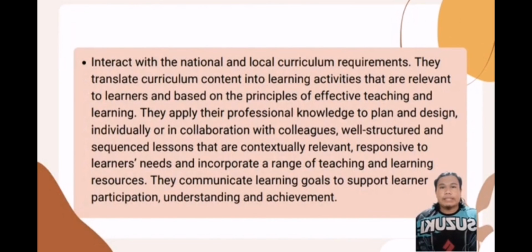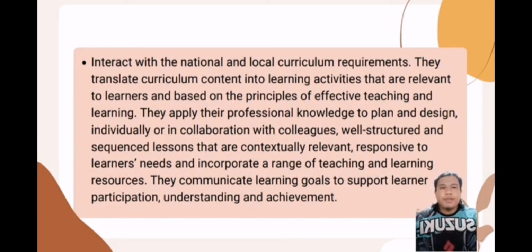So the fourth characteristic, or the fourth domain, is that they interact with the national and local curriculum requirements. They translate curriculum content into learning activities that are relevant to learners and based on the principles of effective teaching and learning.